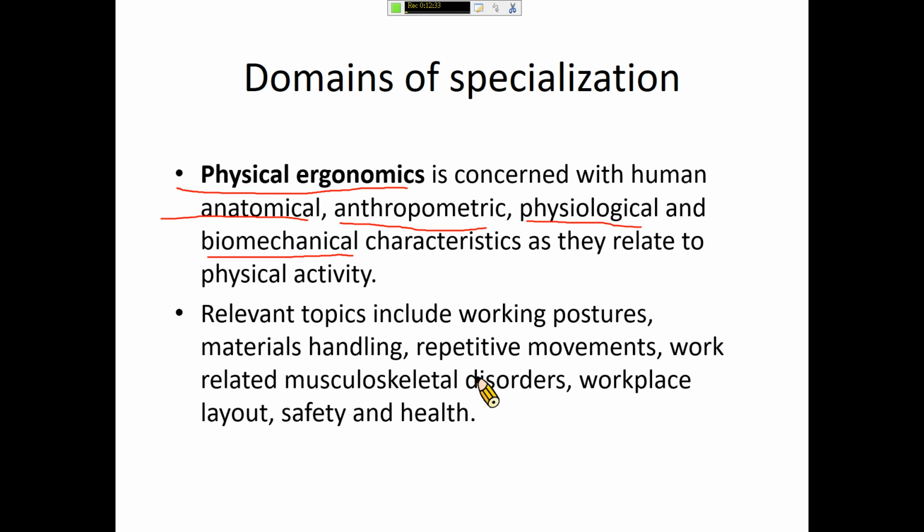The relevant topics include working postures, materials handling, repetitive movements, work-related musculoskeletal disorders, workplace layout, safety and health, as you have seen in the checkpoints.